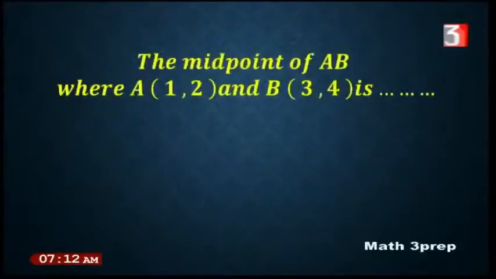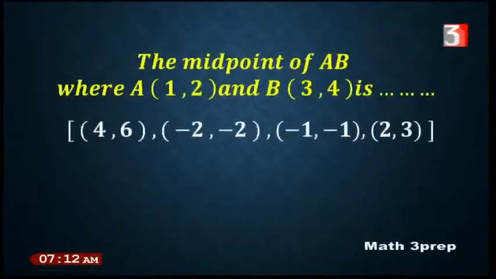The midpoint of AB, where A is (1, 2) and B is (3, 4), is what? Is it (4, 6), or (-2, -2), or (-1, -1), or (2, 3)? That's correct.